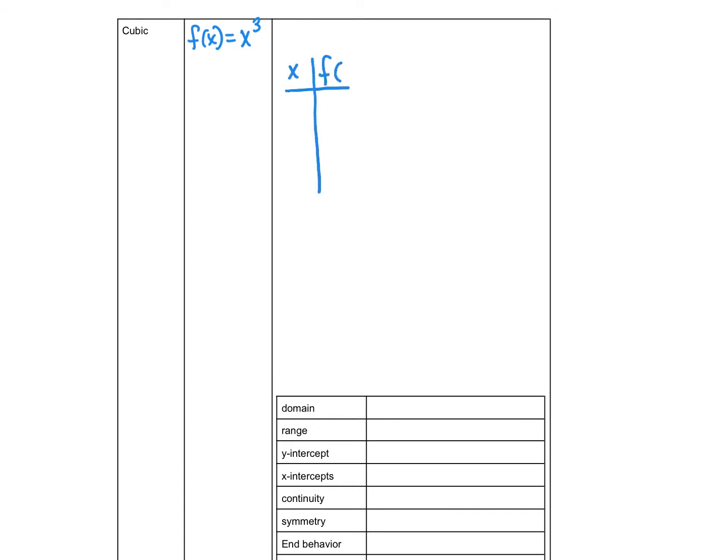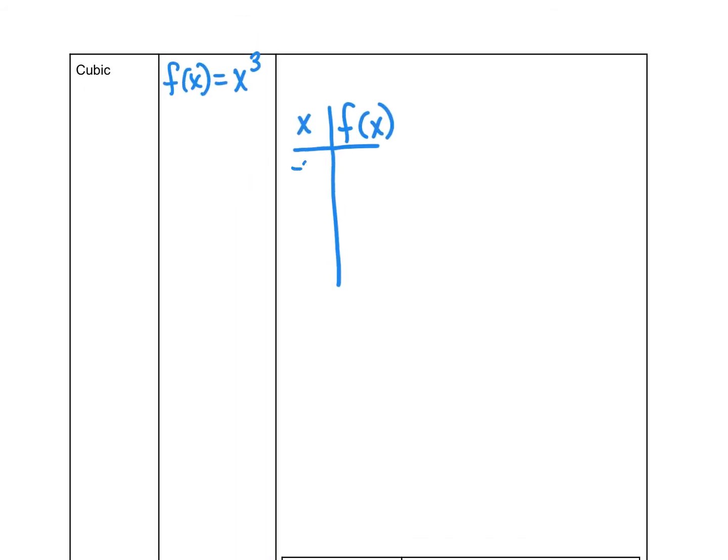X, f of x. -2, -1, 0, 1, 2. All right. If I plug in -2, what comes out? Thank you. -8. -2 cubed is -8. -1, 0, 1, 2. All right, so let's graph those and see what they look like.